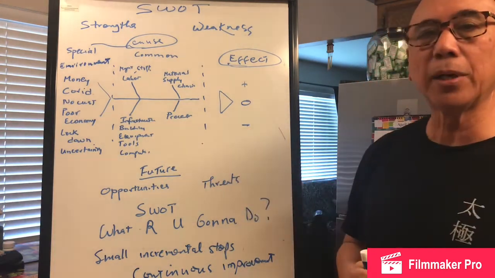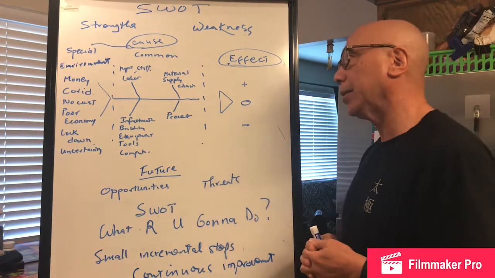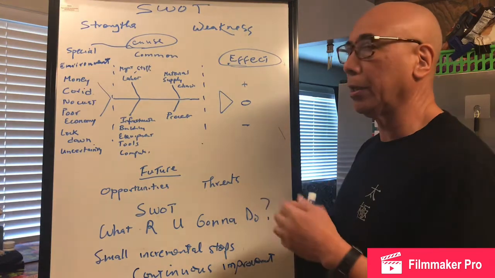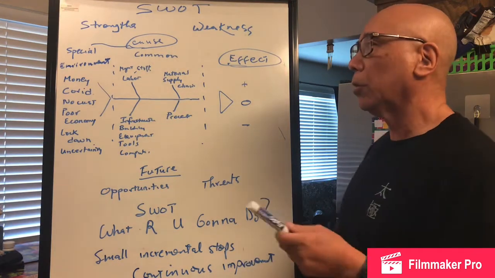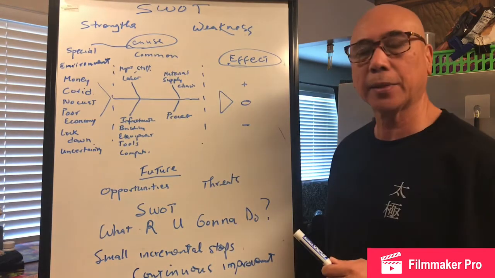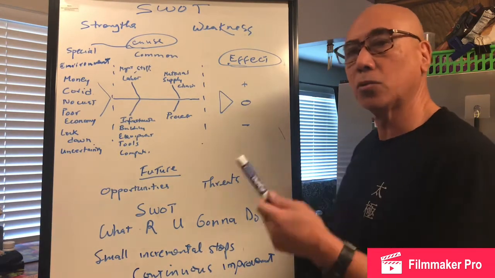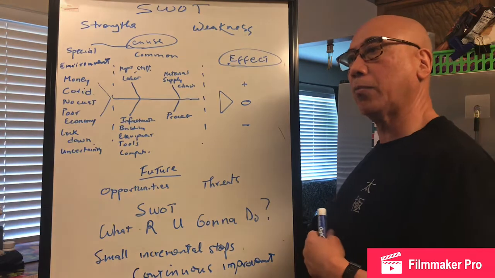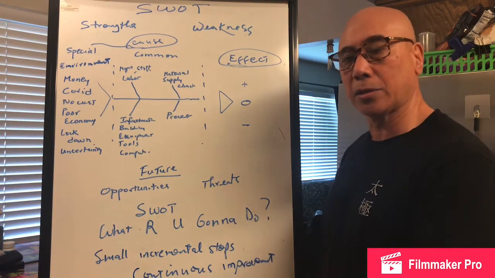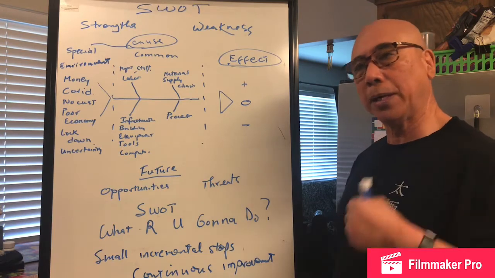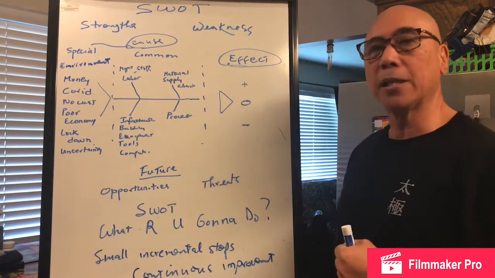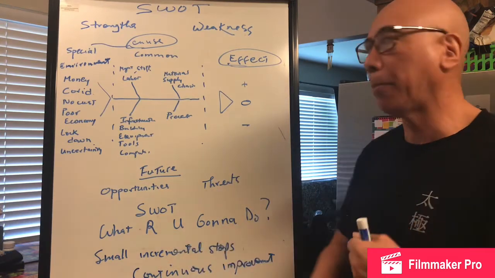Now, here's where I bring in my fishbone diagram. A fishbone diagram by Ishikawa, a Japanese engineer, I believe, explains a cause and effect process. As we know, in order for us to come up with an effect, we have to be the presenter of the cause. Like if I'm going to throw a punch, boom, I was the person who caused it, and the effect is an impact.